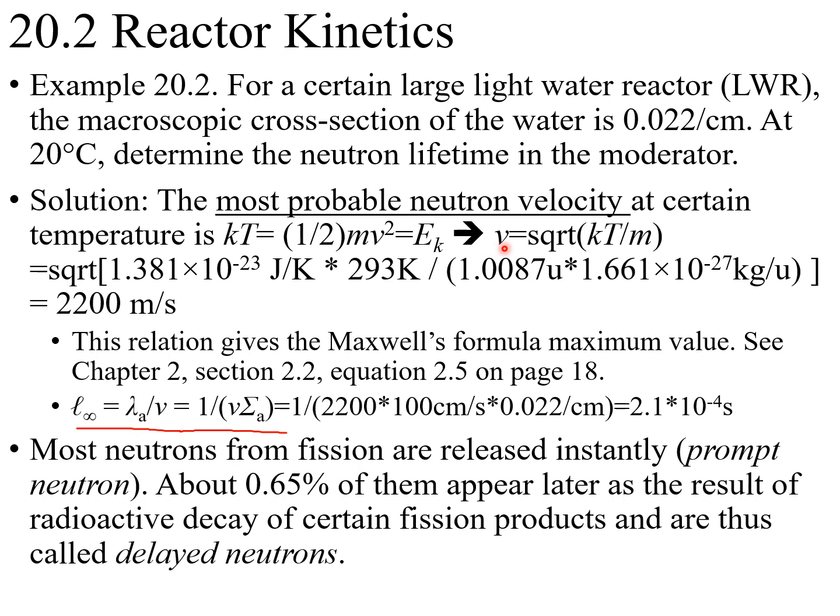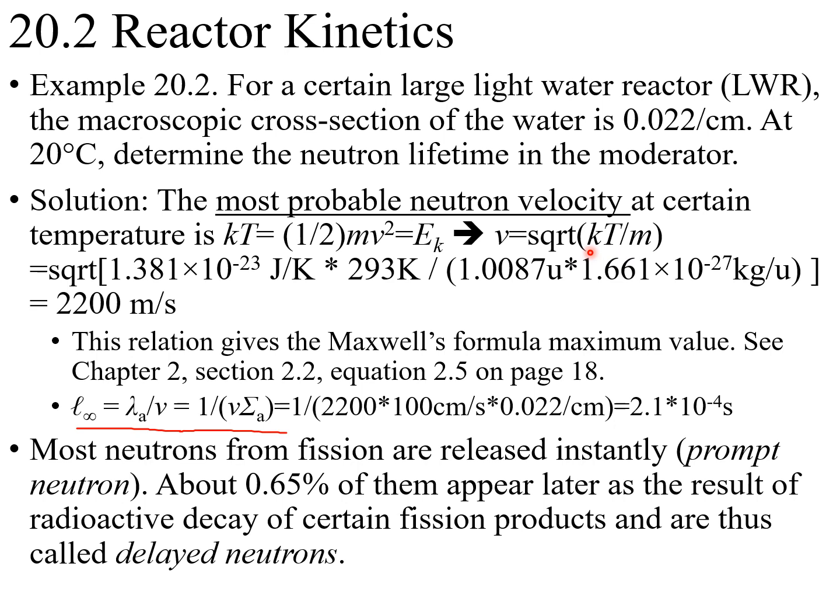Then v will be equal to the square root of kT over m. This relation is derived from the Maxwell formula. If the velocity is equal to the square root of kT over m, then the Maxwell formula will give you the maximum value. More detail can be found in chapter 2.